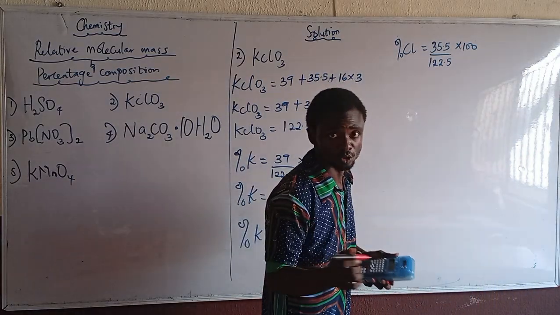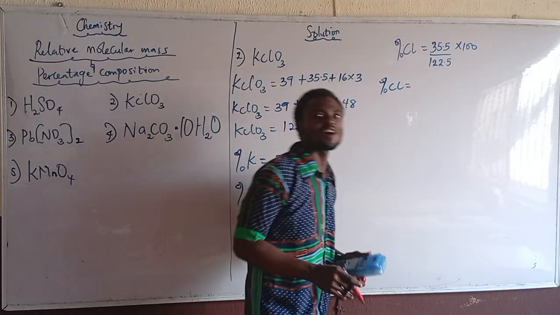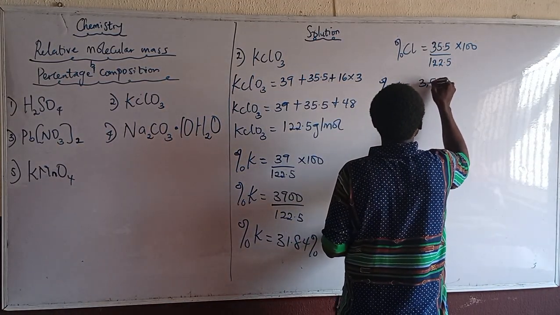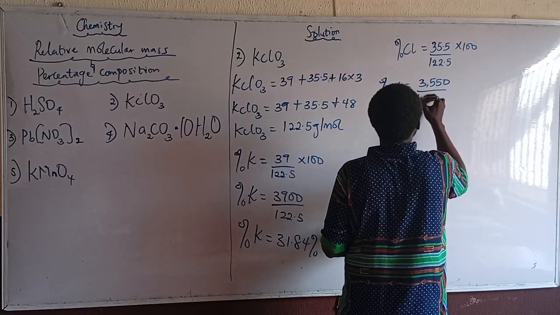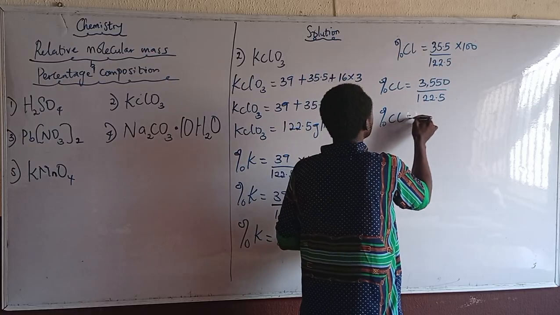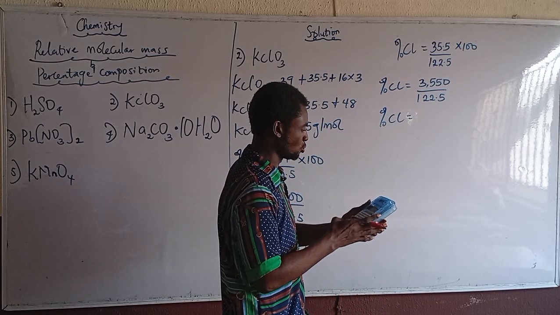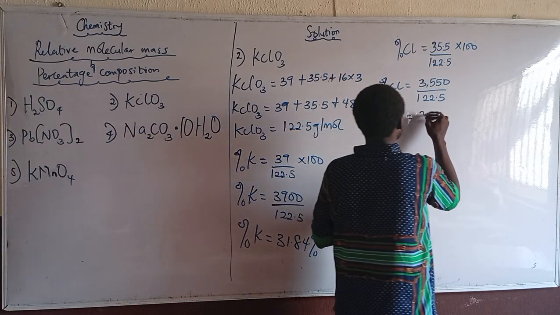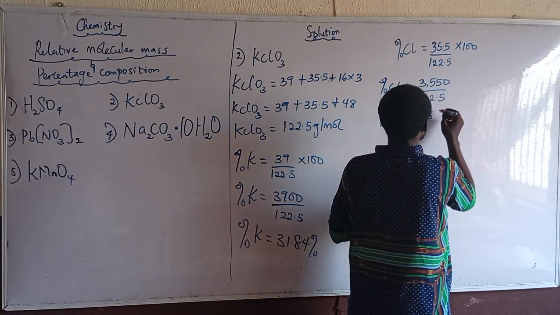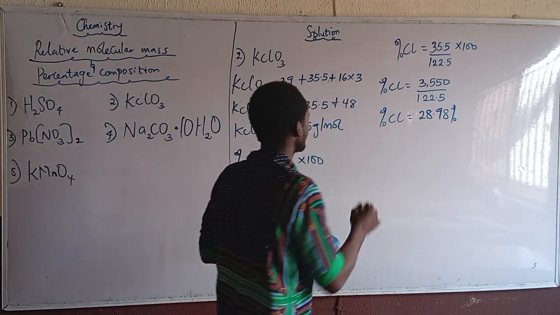Percentage composition of chlorine becomes 35.5 multiplied by 100 is 3,550 divided by 122.5. Here becomes 28.98%.